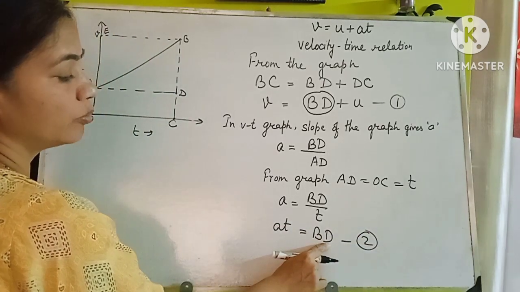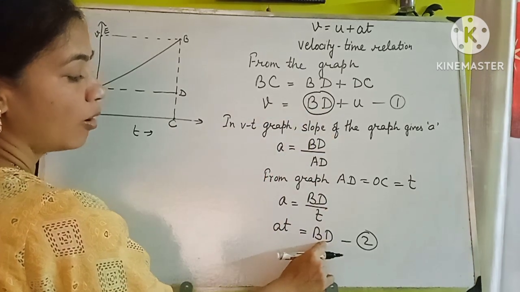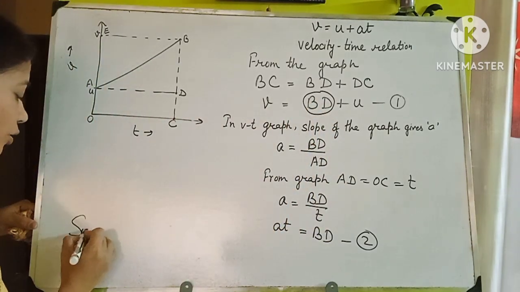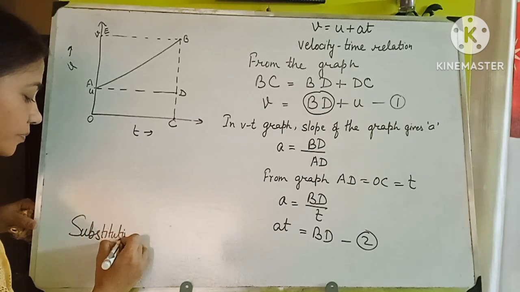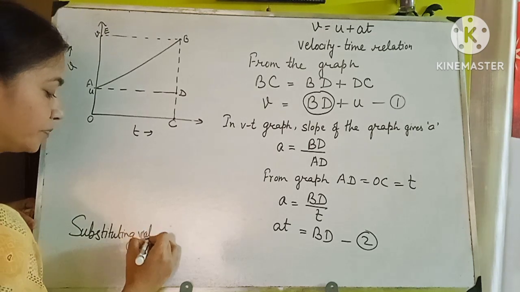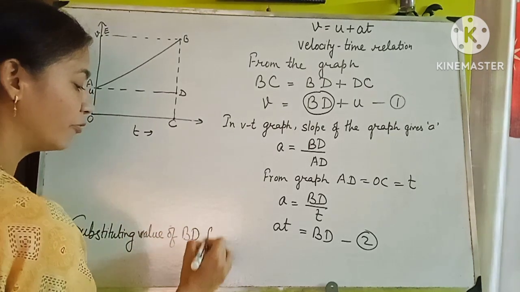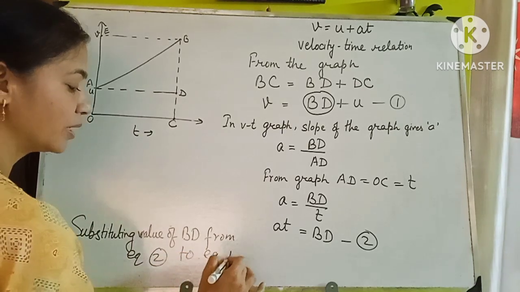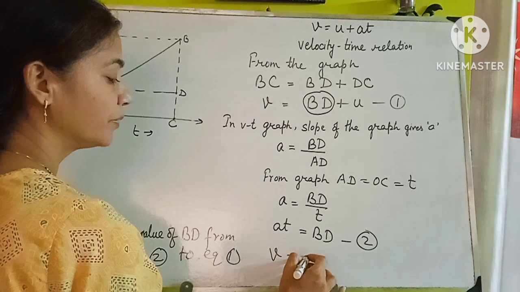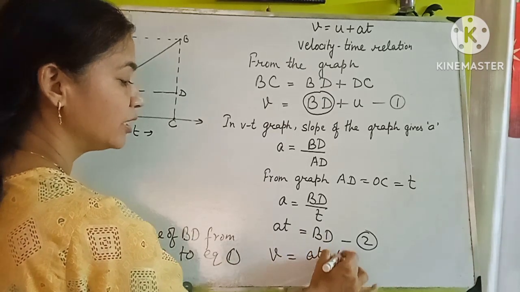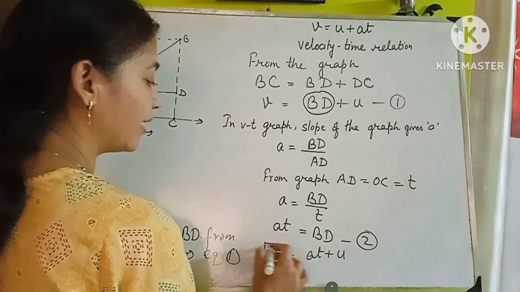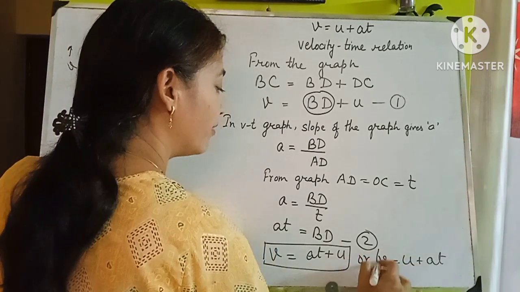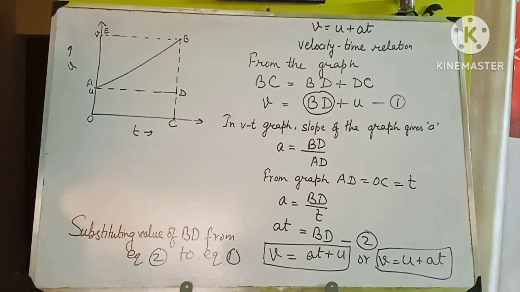Substituting the value of BD from equation number 2 into equation number 1, V is equal to AT plus U. By simple rearrangement, V is equal to U plus AT.